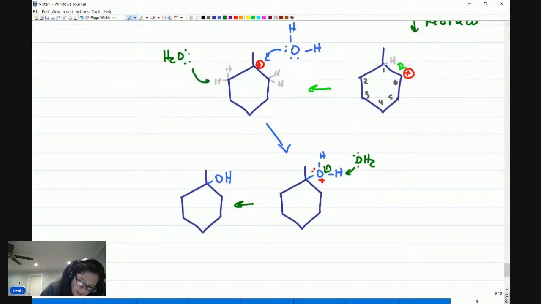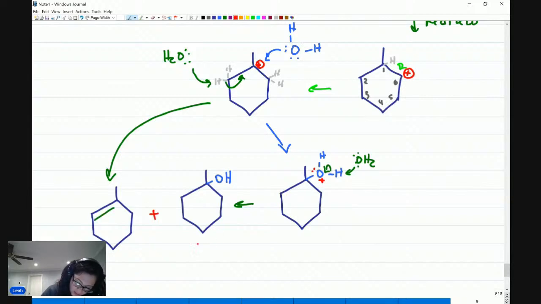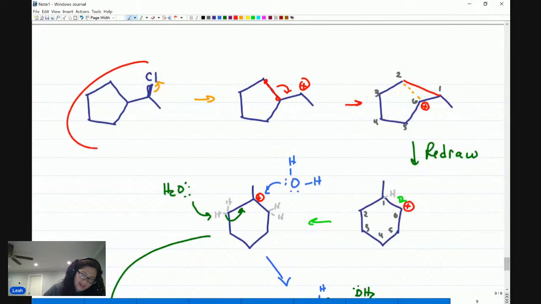And if it grabs a beta hydrogen, giving the electrons back, what we get is a different product right here, with a pi bond between the alpha and the beta, giving me both the SN1 product and the E1 product, looking nothing like that starting molecule.